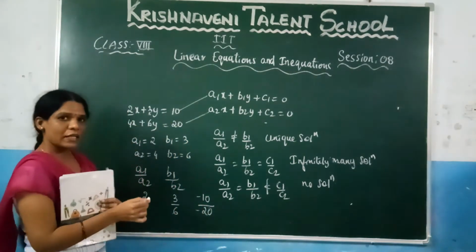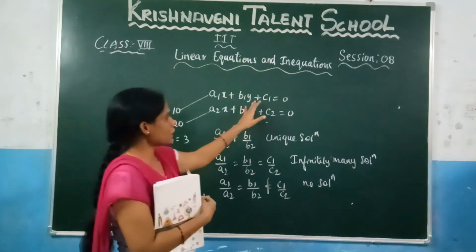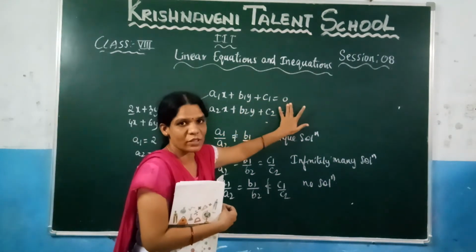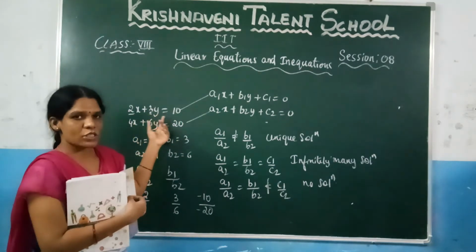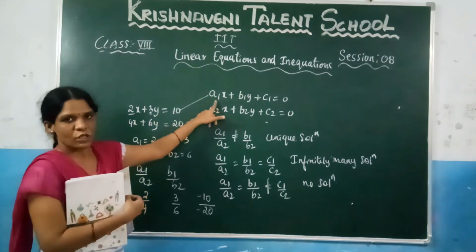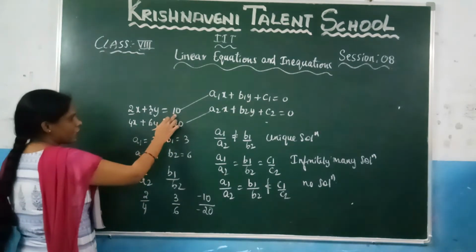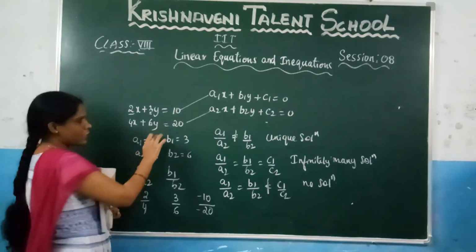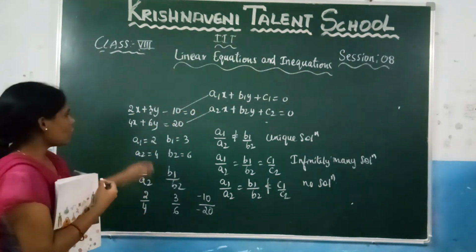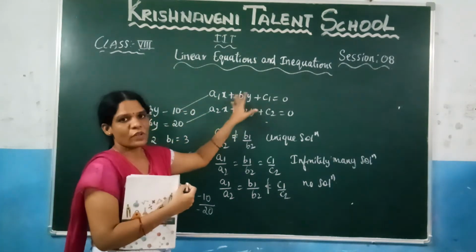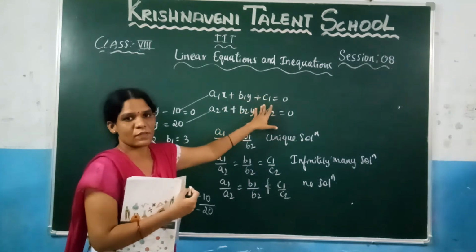Why am I taking minus here? Because you can observe that plus c1 is equal to 0 is required, so this one is not in that form. If you take this 10 to this side, it will become minus 10, so that you get equal to 0. Now this is changed into the form a1x plus b1y plus c1 is equal to 0.